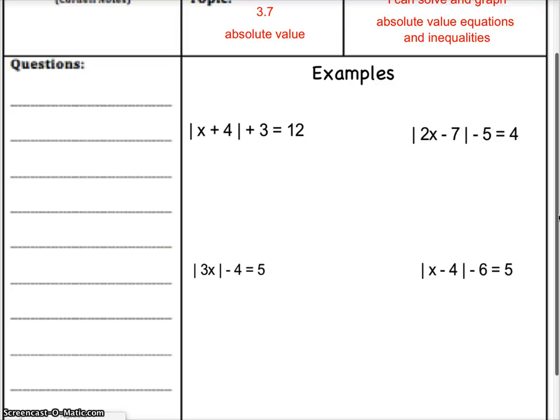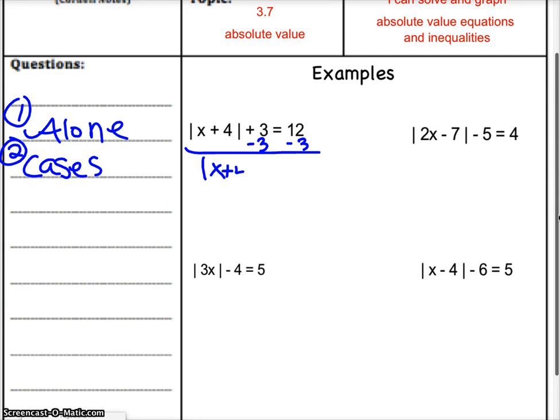Okay, so our strategy is to get absolute value alone. So I'm going to write absolute value alone. You know what? It's probably easier in my brain to say alone cases. So first I get it alone, then I make my cases. Alone case, alone case. So I need to get it alone first.